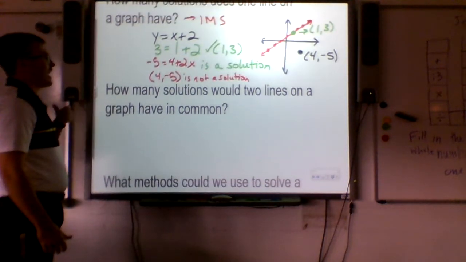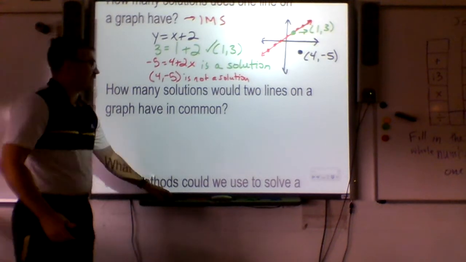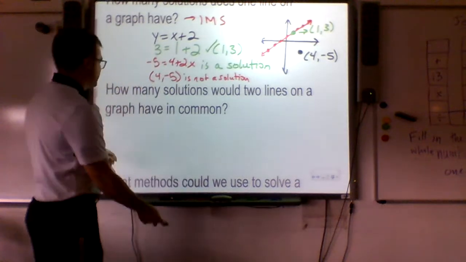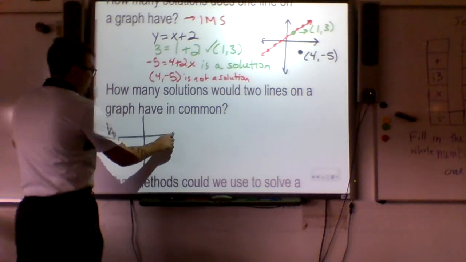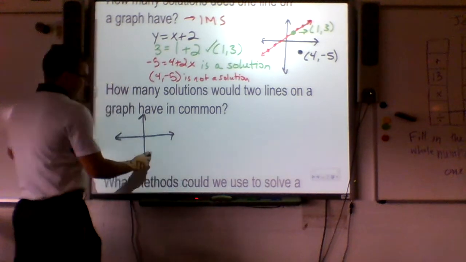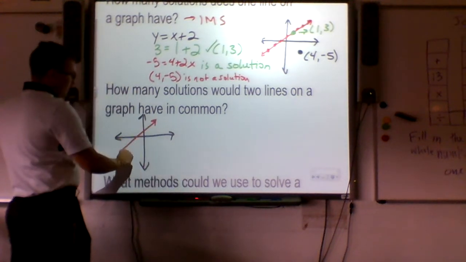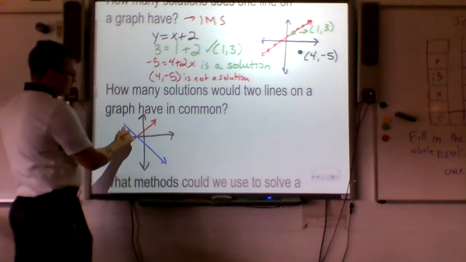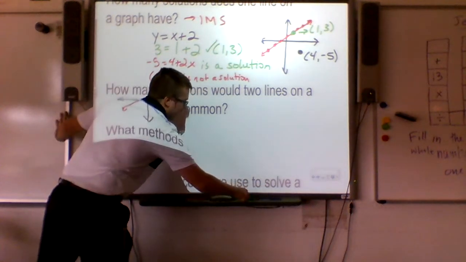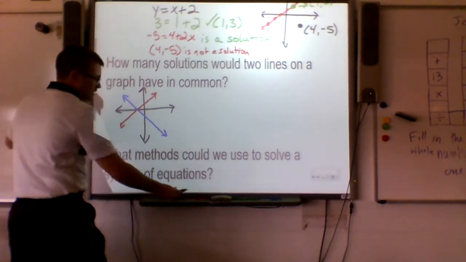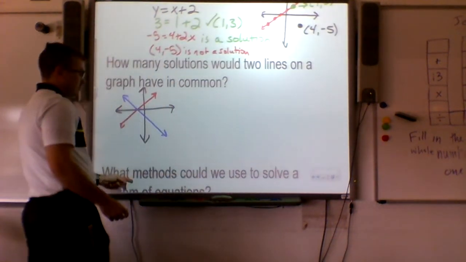So then if I look at two lines on the same graph, we talked about how there are three different options. Option number one, kind of the most common option, is if I have one line going this way, and I have the other line going down like this, that would have one solution. This has one solution. I'm going to move this down a little bit.